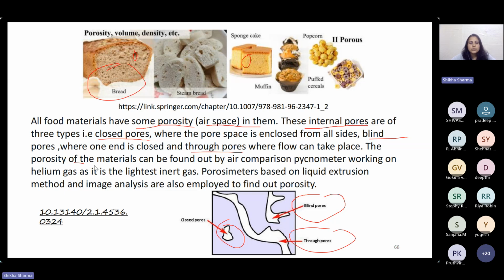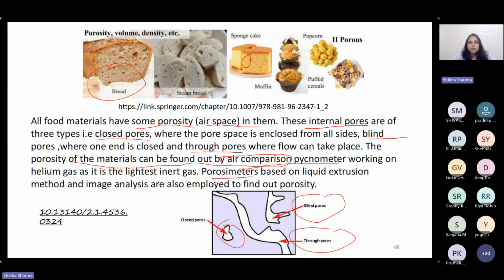So the porosity of the material can be measured using air comparison, or we can fill in a gas like helium, which is inert, and measure through the pycnometer.